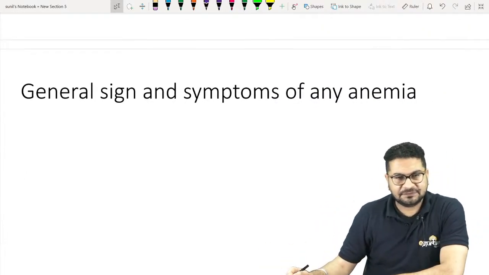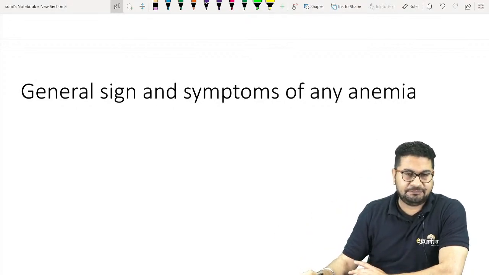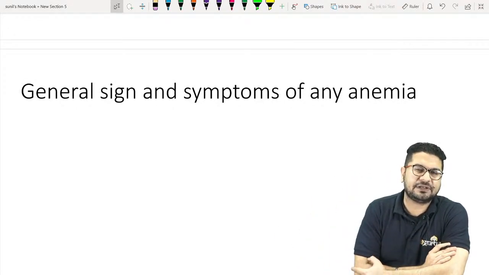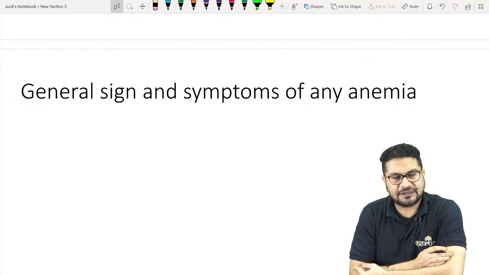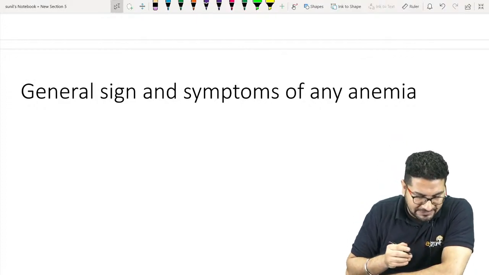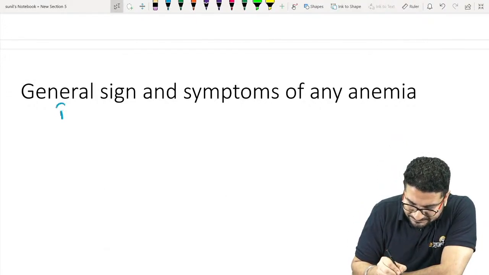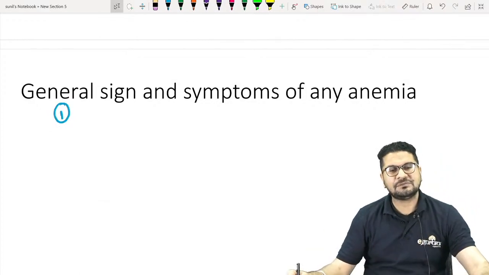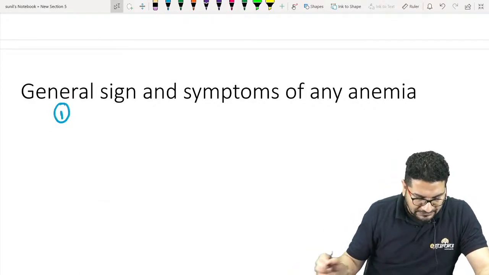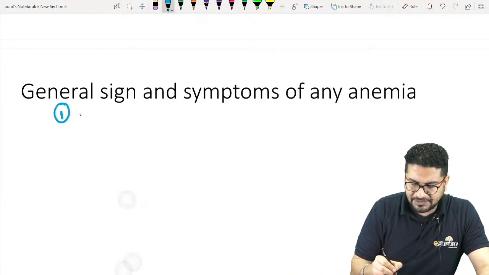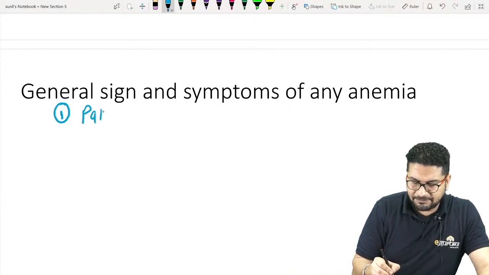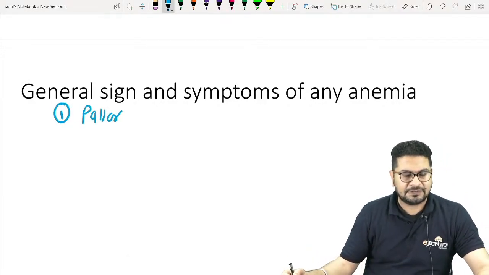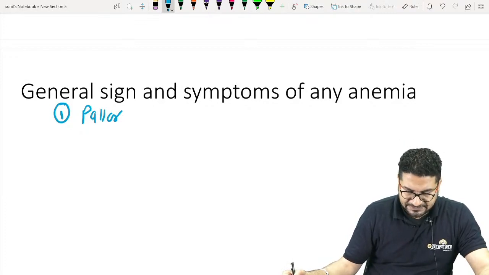Now see, any patient who is having anemia, any type, be it megaloblastic, macrocytic, normocytic, will have some common signs and symptoms. We call them general signs and symptoms. Whenever you are having anemia, patient will develop pallor, skin pallor.